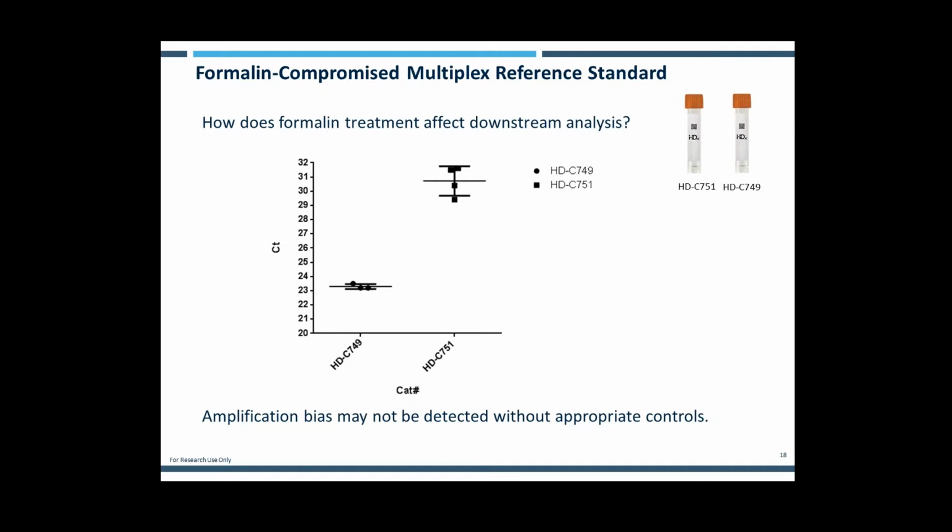And this doesn't necessarily mean that HDC 751 is performing poorly, but rather it's an important reference for better understanding what expectations one should have for their own biological samples that have been treated with formalin. And importantly, the impact of this variability in the amplification will be dependent on the library approach that you're using.